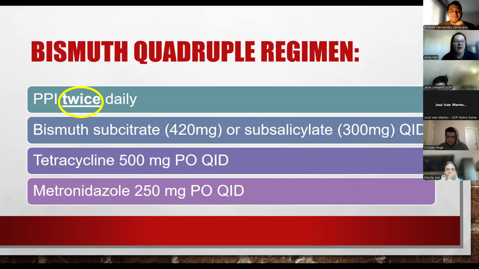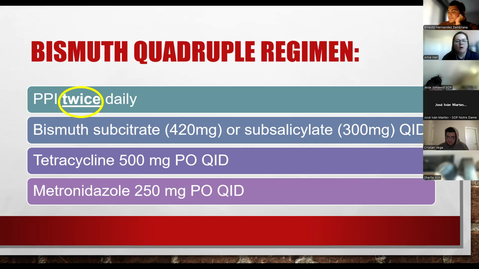So metronidazole has a structure that's very similar to one of the drugs that we use to help people abstain from alcohol. Use of alcohol and metronidazole can make people violently sick, like throwing up, nauseated.